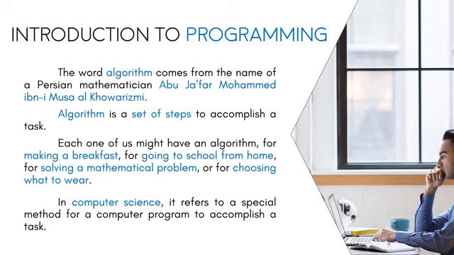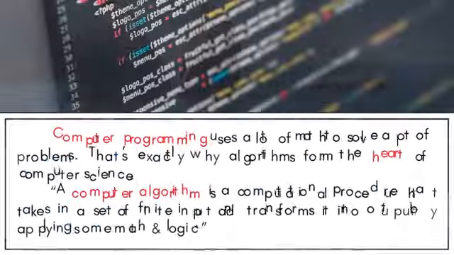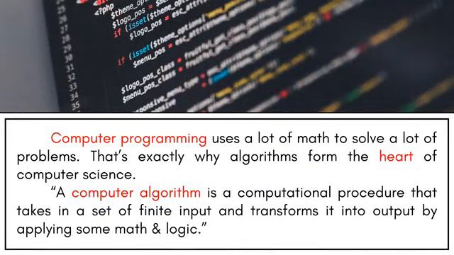In computer science, it refers to a special method for a computer program to accomplish a task. You see, a computer basically does a lot of math, which means it has a lot of problems to solve. That's exactly why algorithms form the heart of computer science.